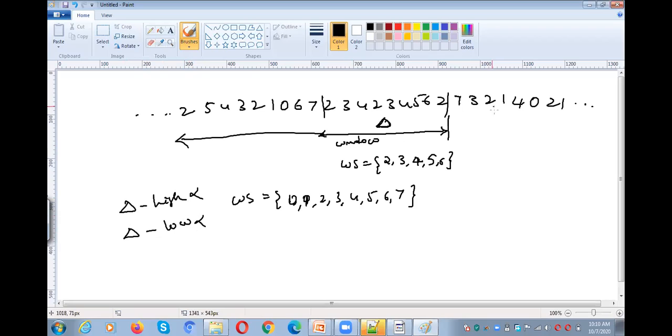If it is low, what happens? You have only one page in the working set. Immediately you require 4, immediately you require 0. So again the page faults will be more. So it should not be low and it should not be high. This window size at a time t1 is a working set.